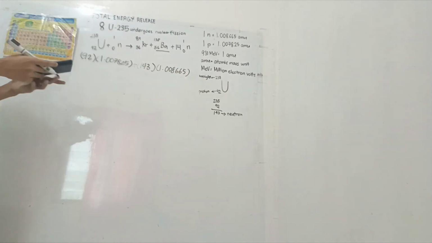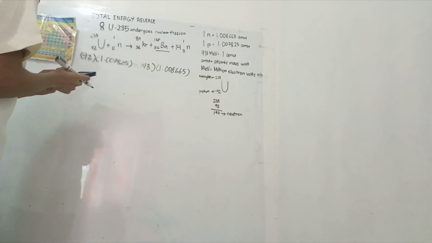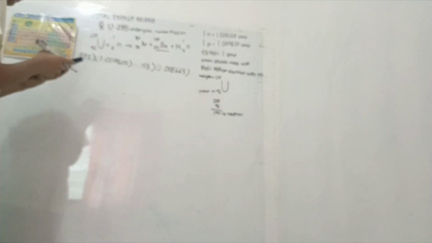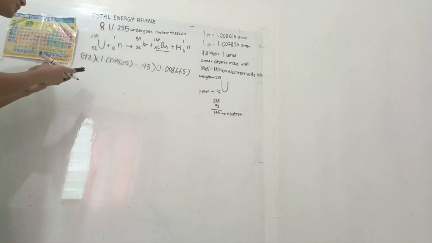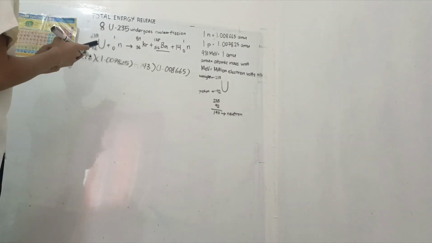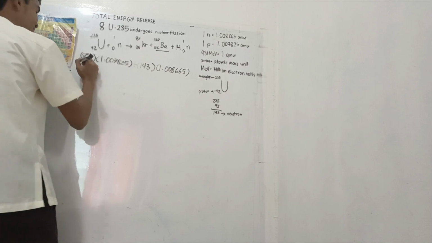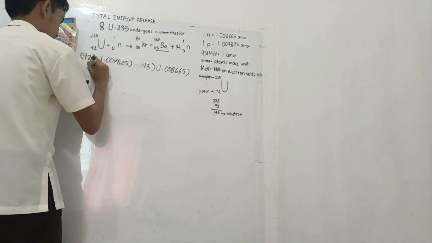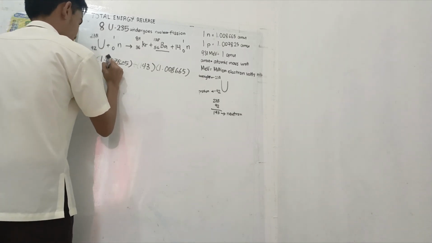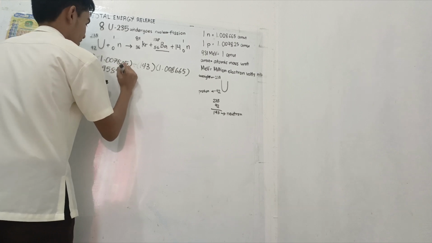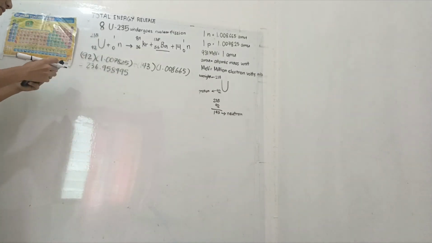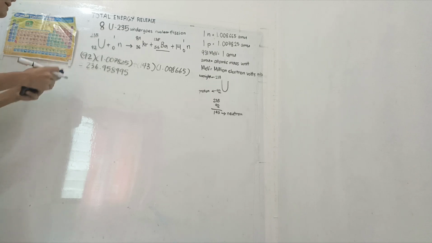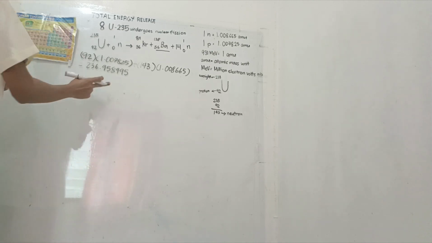So, pag nakuha na natin yan, plug in natin sa ating calculator. 92 times 1.007825 plus 143 times 1.008665. Makukuha natin 236.958995. Diba? Tama. Ngayon, hindi pwede yun.